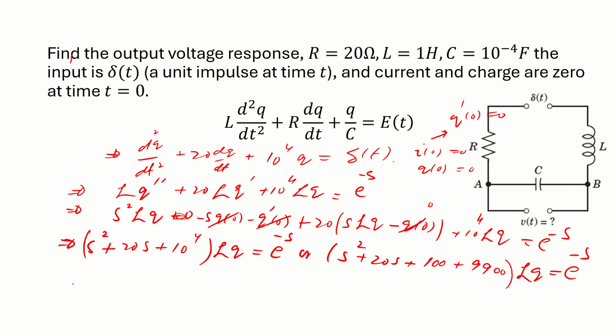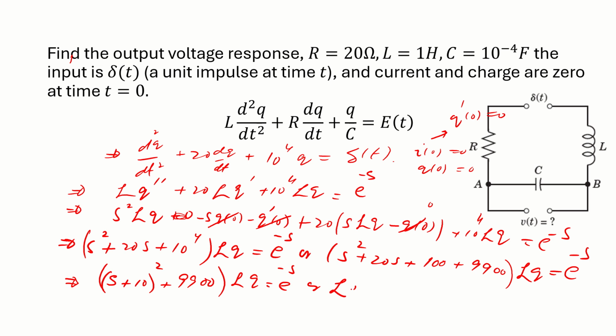So the first part is what? That would become s plus 10 whole square plus 9900. You may confirm this 9900. Laplace of q is equal to e power minus s over that.